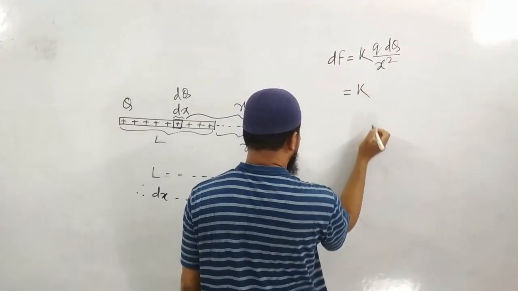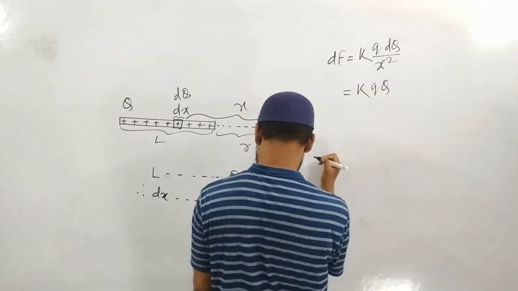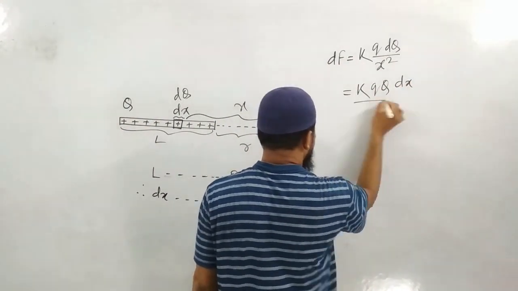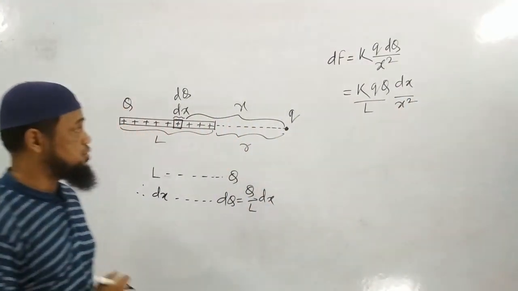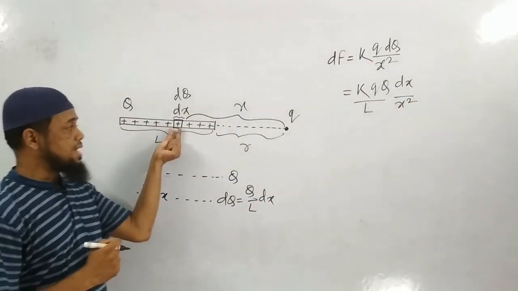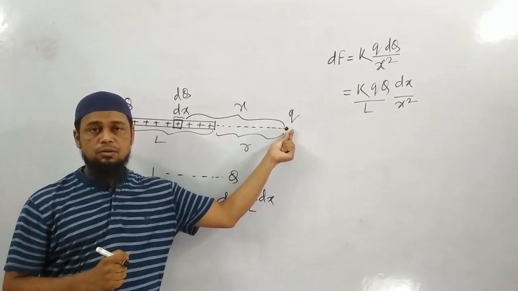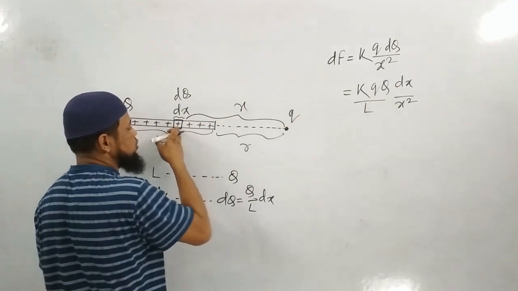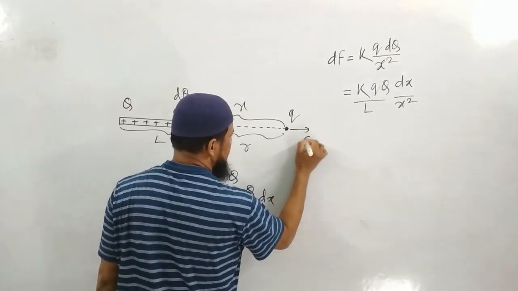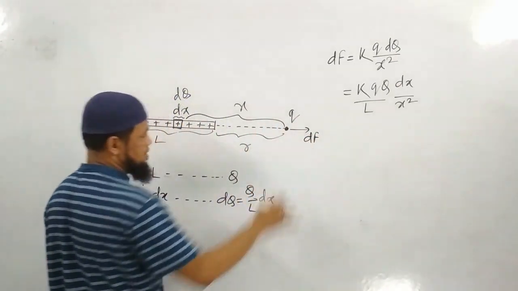It becomes K capital Q dx by L, divided by x square. This is the force exerted by this element on this particular charge Q. If I call this direction positive, this will exert a force on it in this direction. This is the direction of dF.